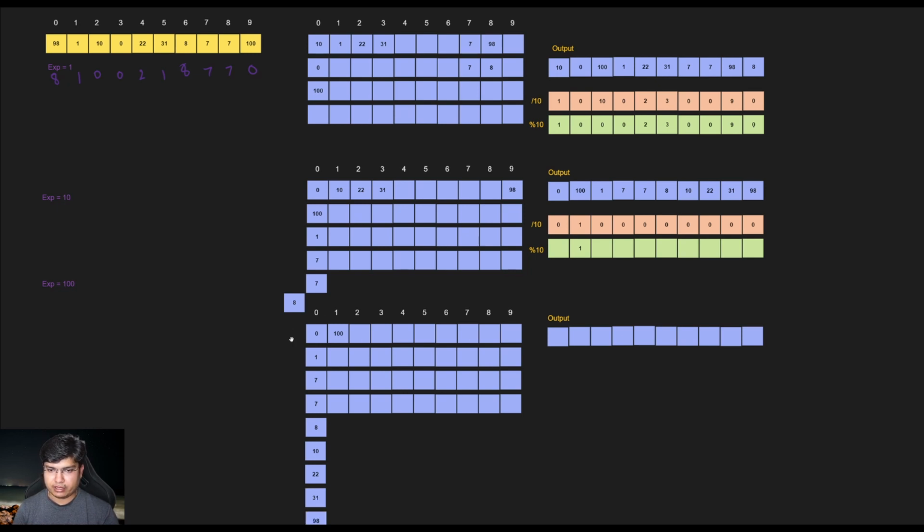Now if I take out these numbers from the bucket in the FIFO format: 0, 1, 7, 7, 8, 10, 22, 31, 98, and 100. So now we see that this is finally in the sorted order.